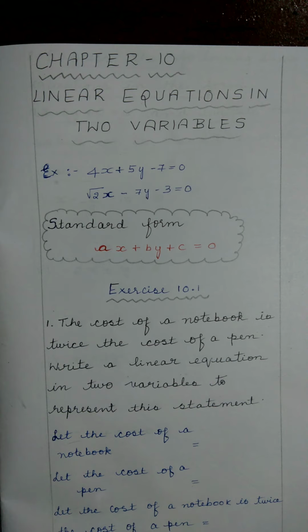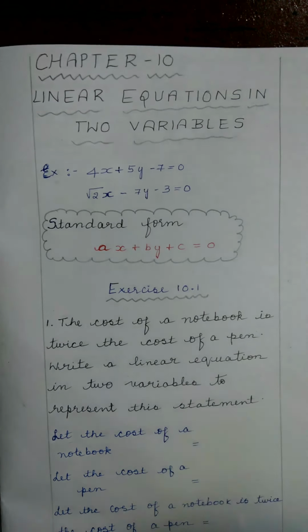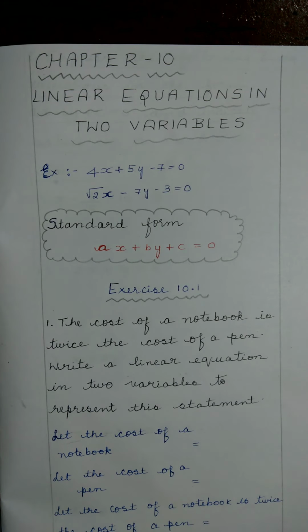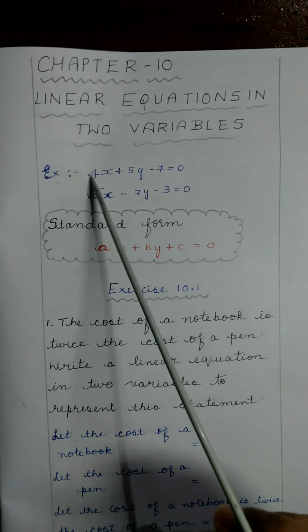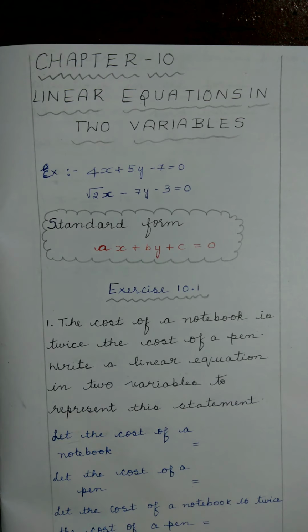And you can observe that in the two equations, there are two variables such as x and y. And also, these are expressed in the form of ax + by + c = 0.